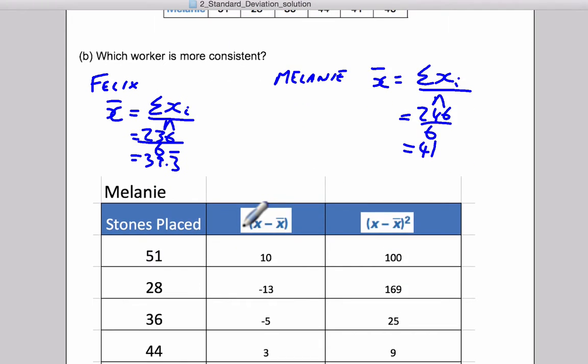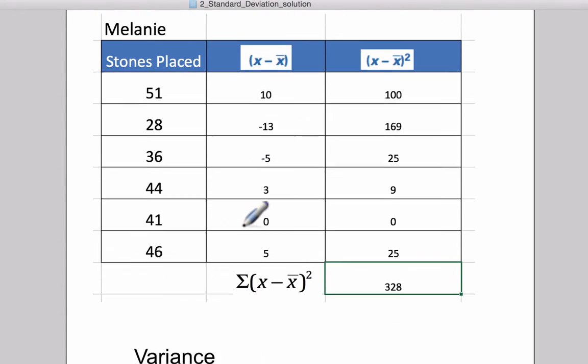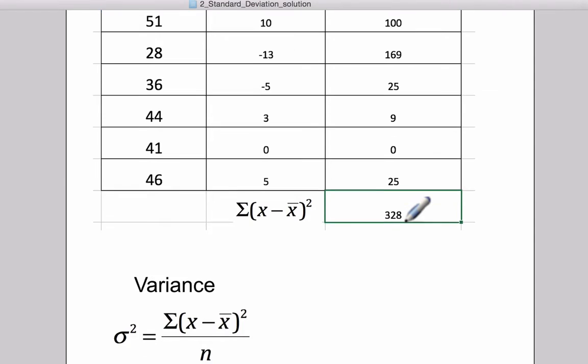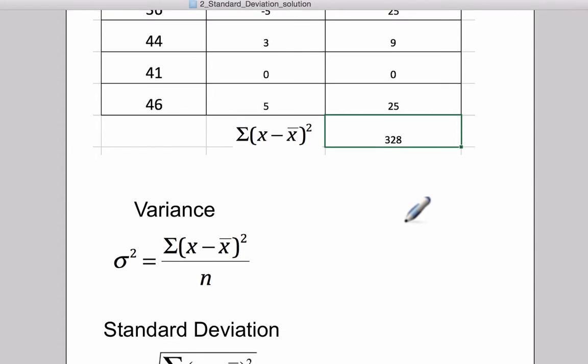So if we take a look at, and I've filled out this table, and you can check your answers with what I have. So the mean, in this case, for Melanie was 41. So 51 minus 41 is 10. Square 10, you get 100. Continued these calculations down. And so the sum of x minus x bar squared is equal to 328.